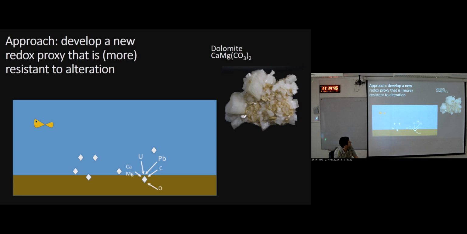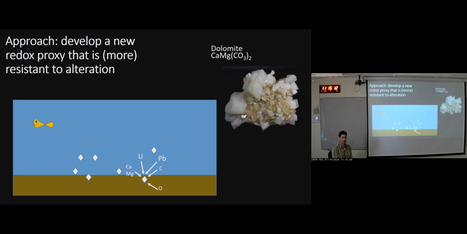And it's going to be based on carbonate minerals, and carbonate minerals are great because they initially precipitate at the surface, right? So as they do so, they will take different major elements like magnesium and calcium and oxygen from the water, but also elements that are interesting because they are redox sensitive, like uranium and lead.